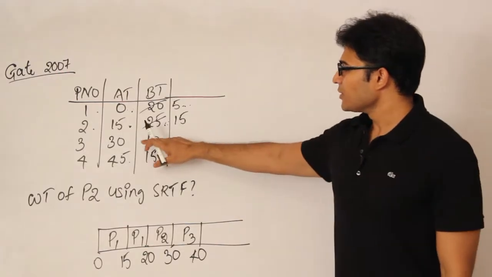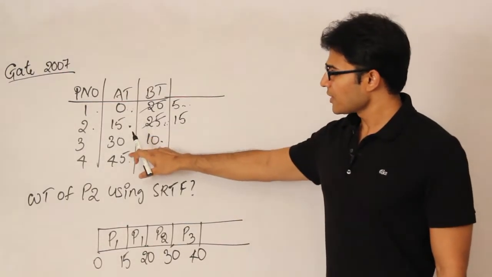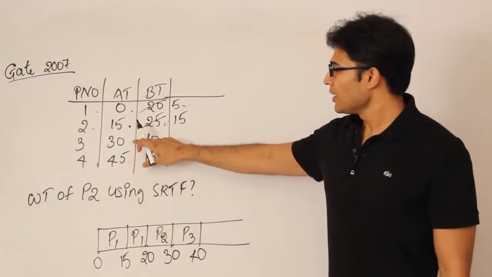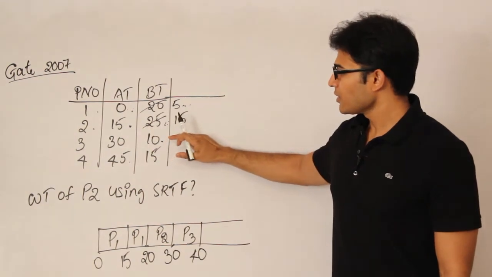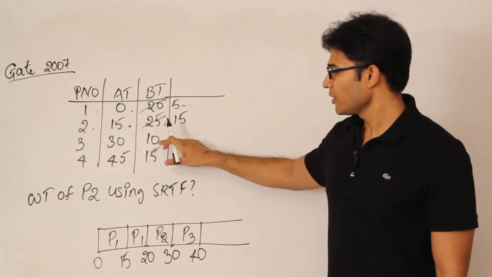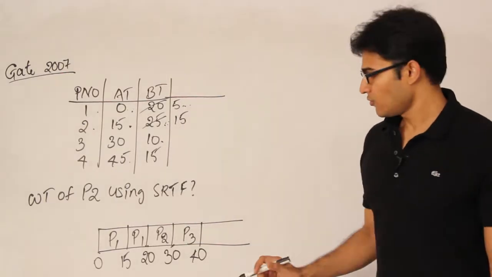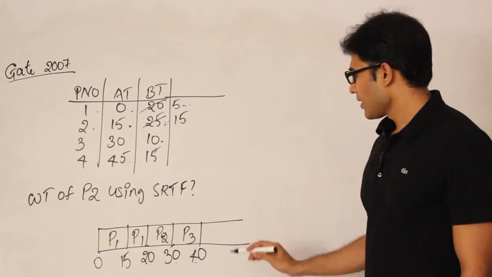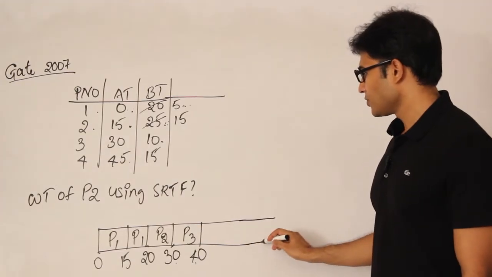In this case, the next process after P3 is arriving at 45, but I cannot run P3 till 45, because it requires only 10. If I go for 45, then I might have to wait for 5, therefore I'll be running till 40. And now I decide which one to schedule.